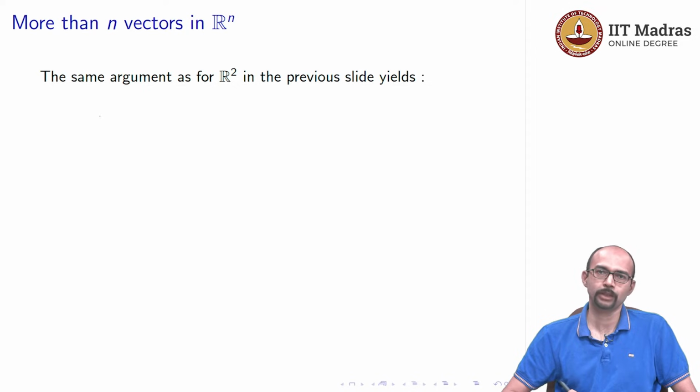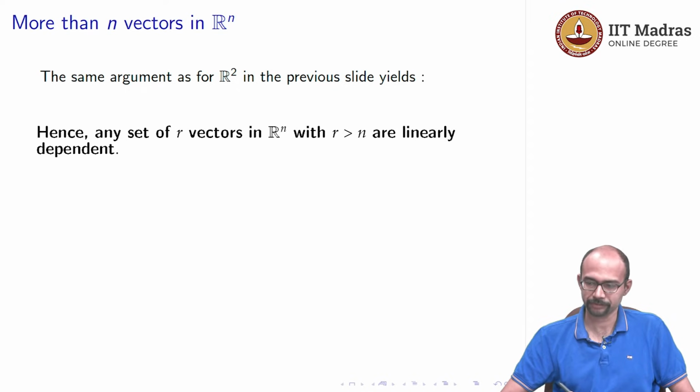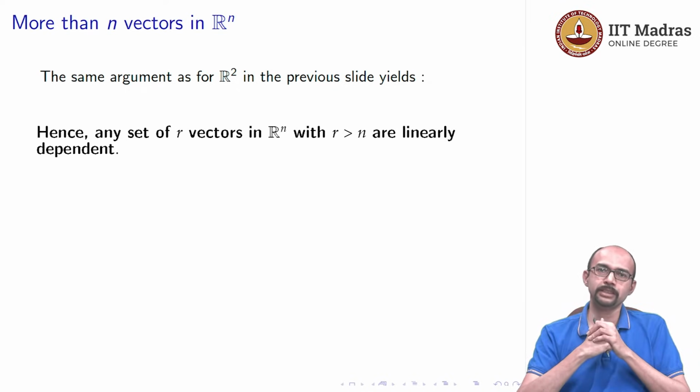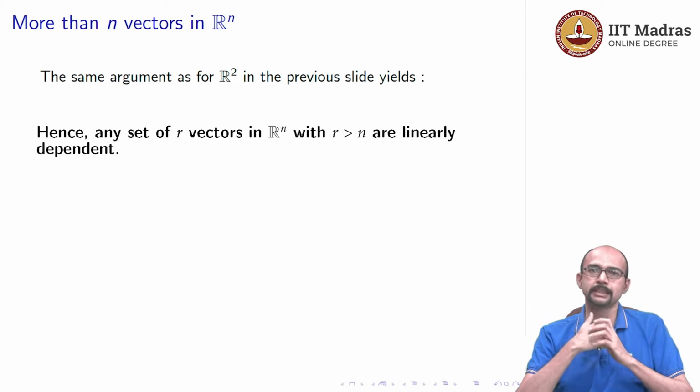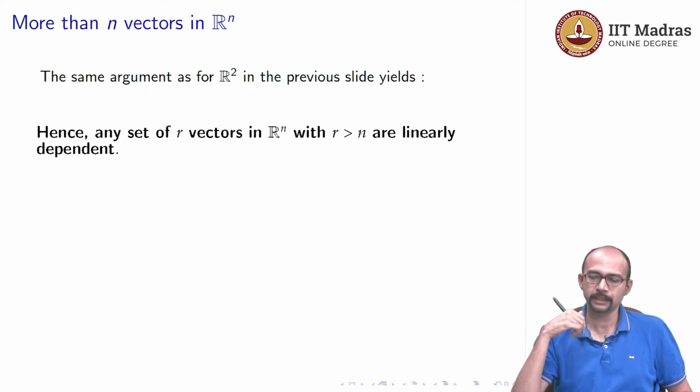So, for example, if you are in R3 and you have 4 vectors, or you are in R4 and you have 5 vectors, or let us say you are in R8 and you have 20 vectors, you can make the same argument as in the previous slide for R2, namely that you will get a homogeneous system of linear equations with more unknowns than number of equations, and hence it always has a non-trivial solution. That will tell you that these are linearly dependent.